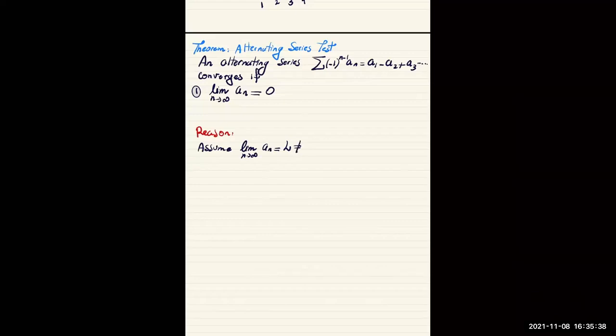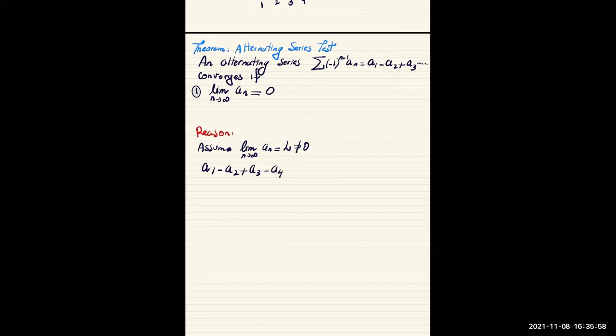So L could be anything but 0. L could be 1, L could be 10, L could be infinity. It could be anything.